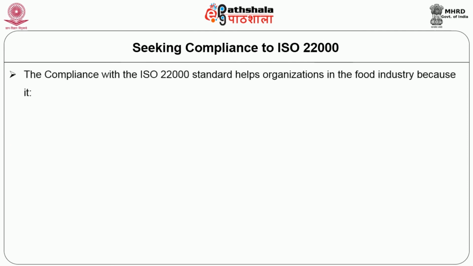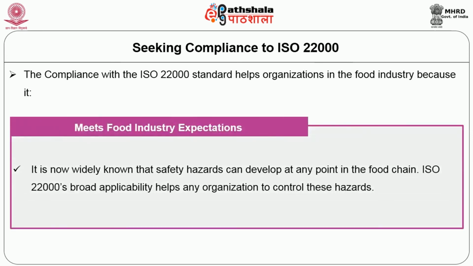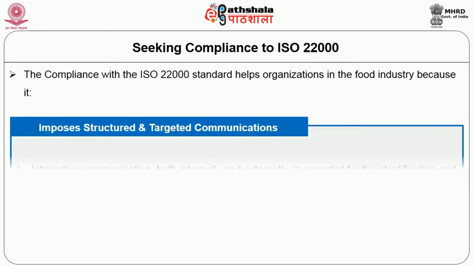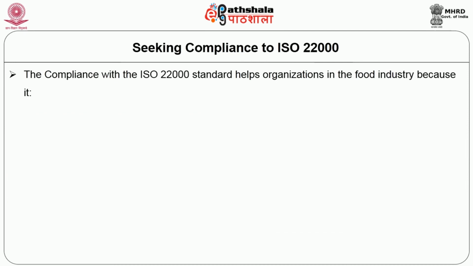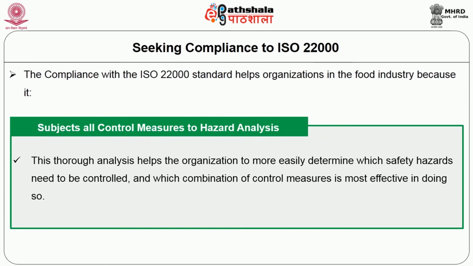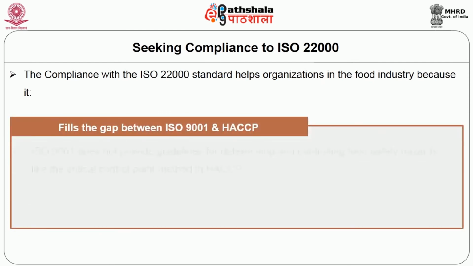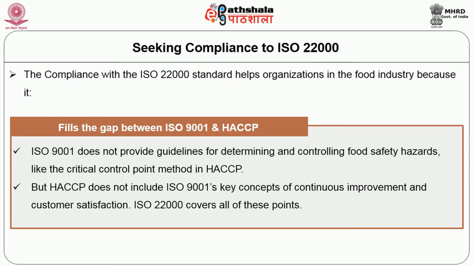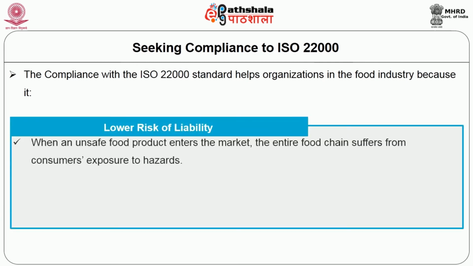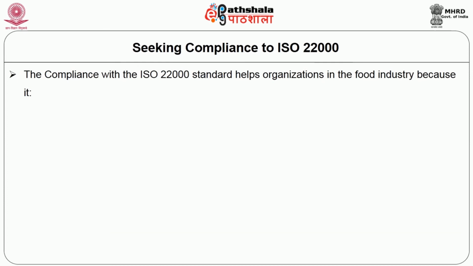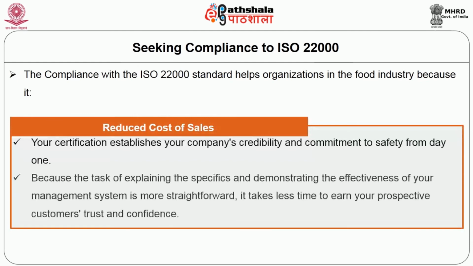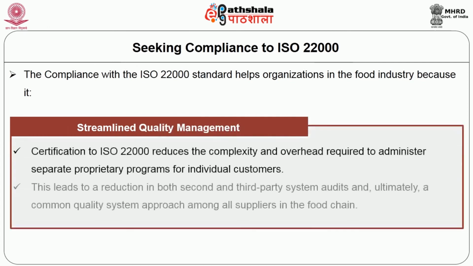Compliance with the ISO 22000 standard helps organizations in the food industry because it meets food industry expectations, imposes structured and targeted communications, subjects all control measures to hazard analysis, fills the gap between ISO 9001 and HACCP, lowers risk of liability, expanded market access, reduced cost of sales, and streamlined quality management.